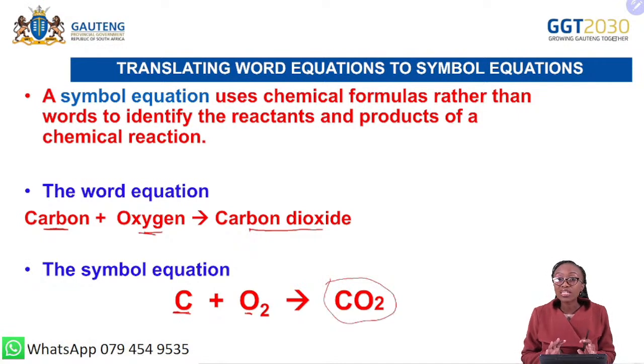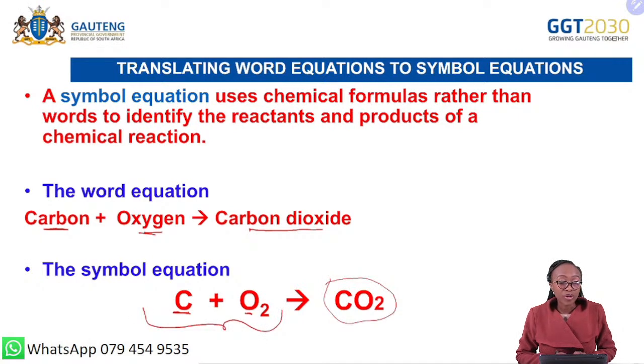Well, if you've forgotten, I can remind you. This side here, on the left-hand side of the chemical equation, we have our reactants. I'll represent them with the letter R. Our reactants are carbon and oxygen.